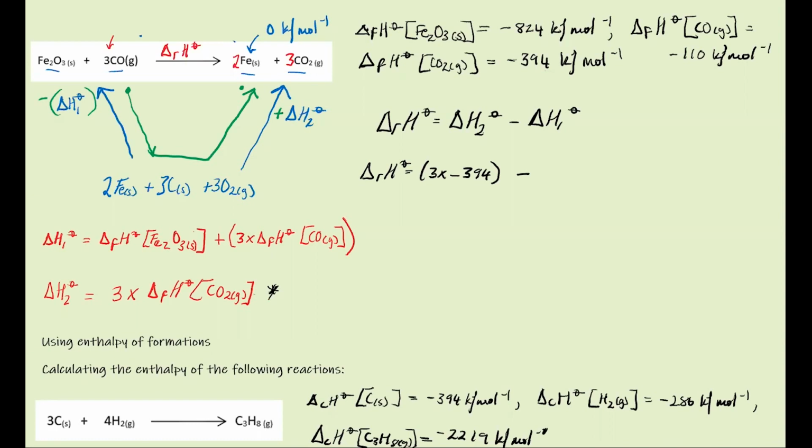We're now going to go on delta H1, so we need to now incorporate that. So minus, big bracket if you like, 1 mole of iron 3 oxide, so it's just 1 times the minus 824, plus 3 lots of my carbon monoxide, which is minus 110, 410.